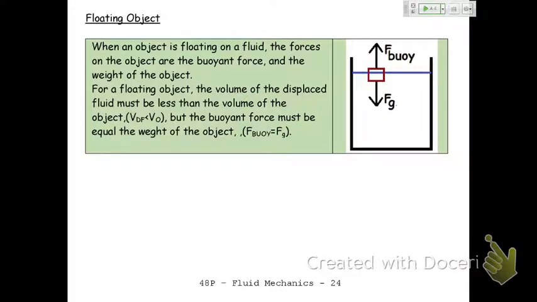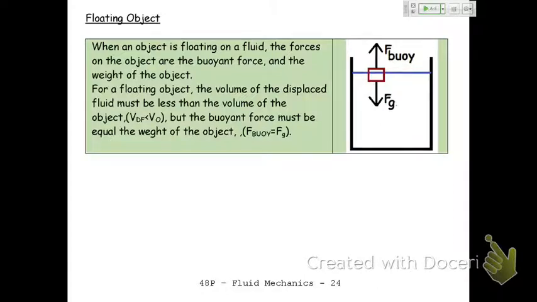Floating objects. In all submerged objects, the volume of displaced fluid by definition must equal the volume of the object. Now let's take floating. Is a floating object in equilibrium? Yes. Otherwise, it would accelerate upwards out of the water or downwards into the water.